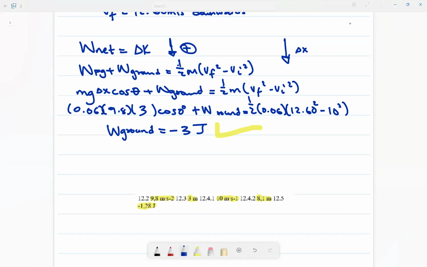So basically, they do not substitute the work done by gravity. Oh, okay. It's because at the instant it reaches the ground, remember, it is in free fall before it reaches the ground. The minute it reaches the ground, it is no longer FG. Then what they do is just substitute that into the equation.